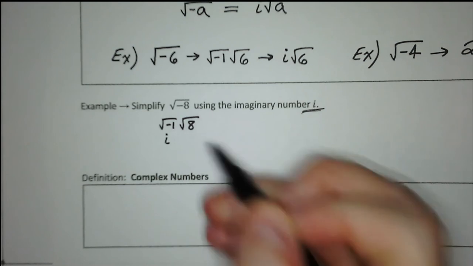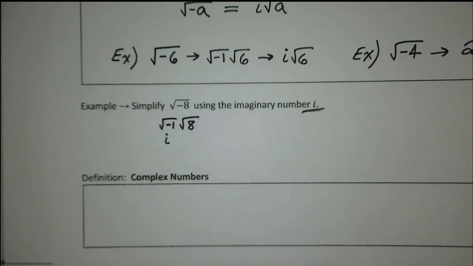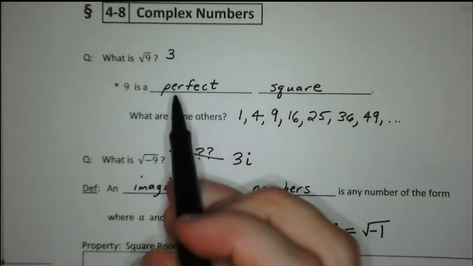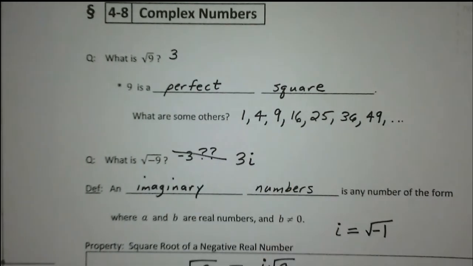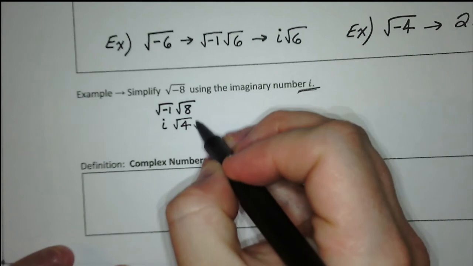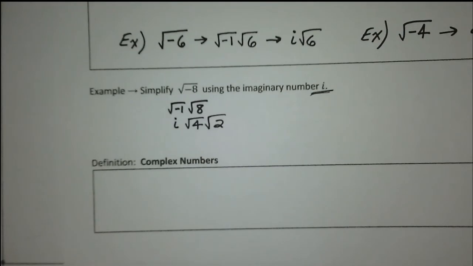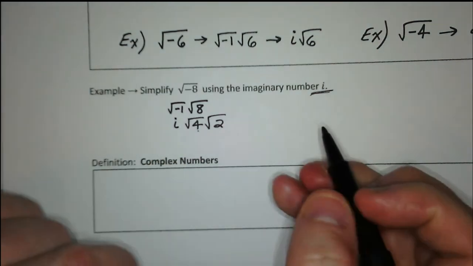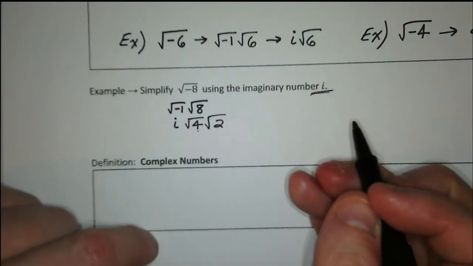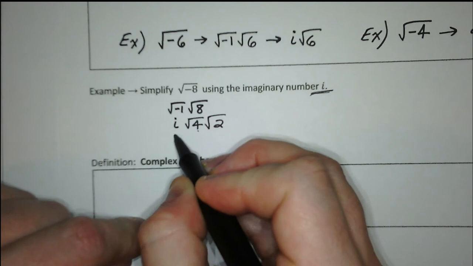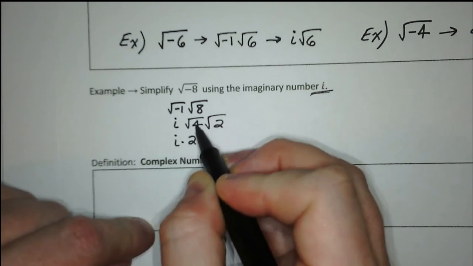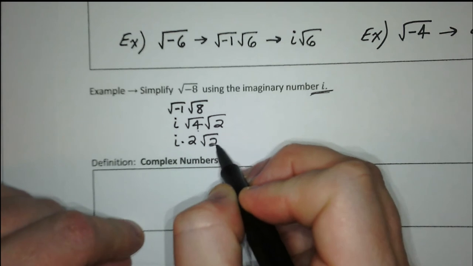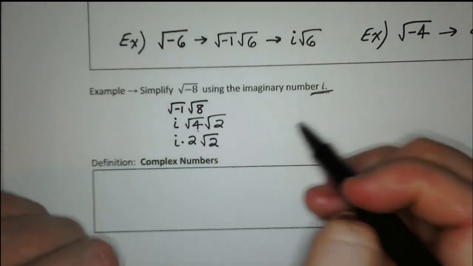The square root of 8 can be simplified. It has a perfect square that you can break off and take the square root of. So I'm going to break off a 4, because I want to take the square root of whatever I can. So I times 2, because the square root of 4 is just 2, and the square root of 2, I can't do anything else with, so it just stays.